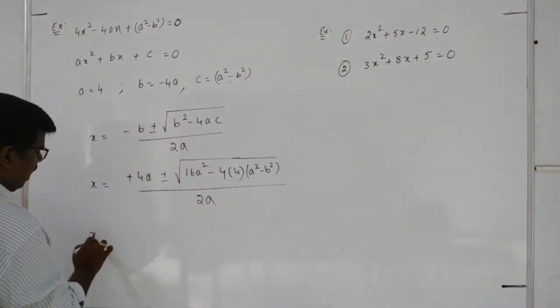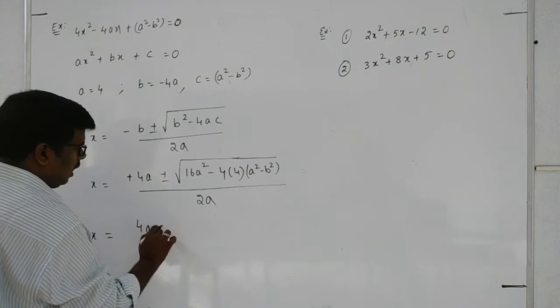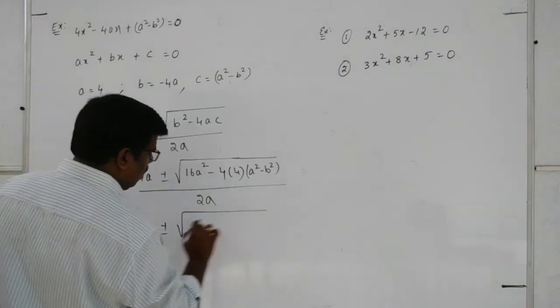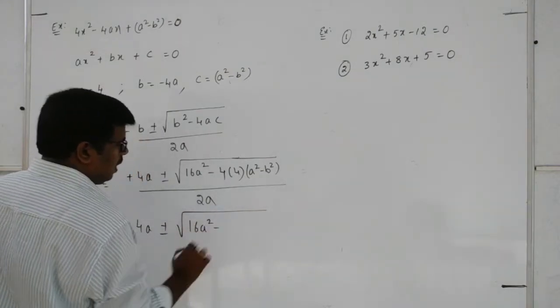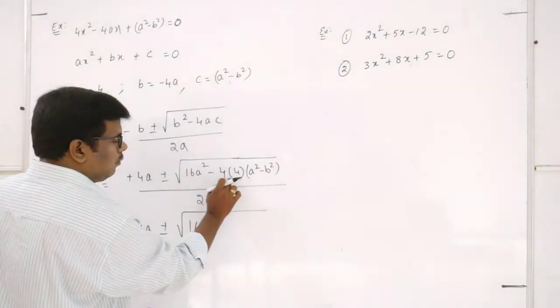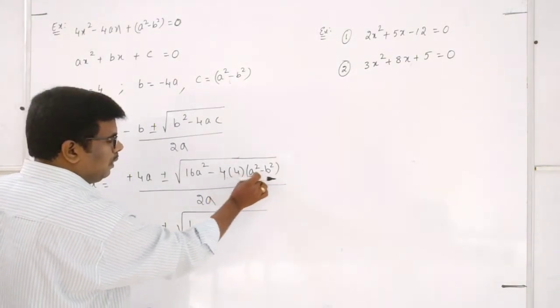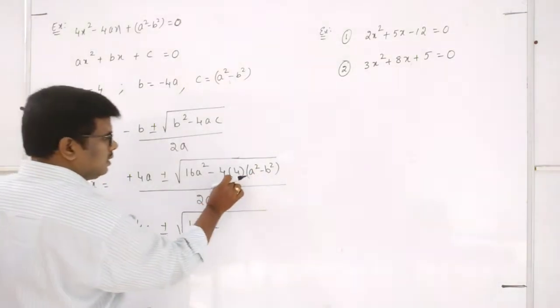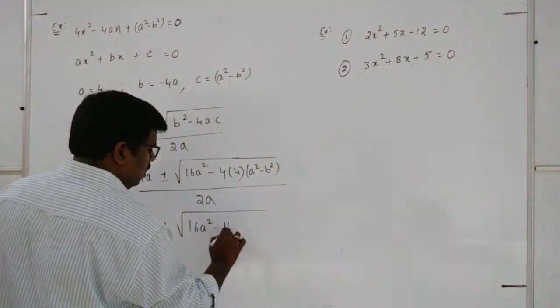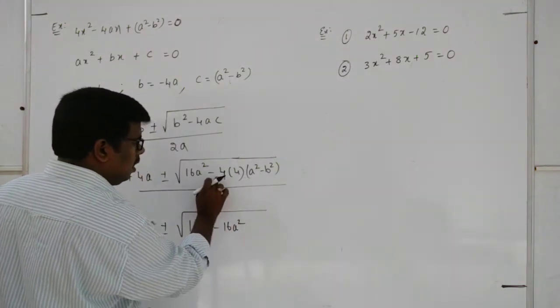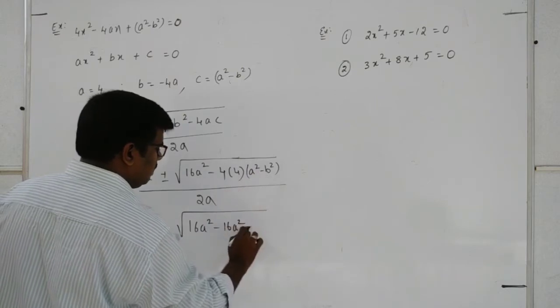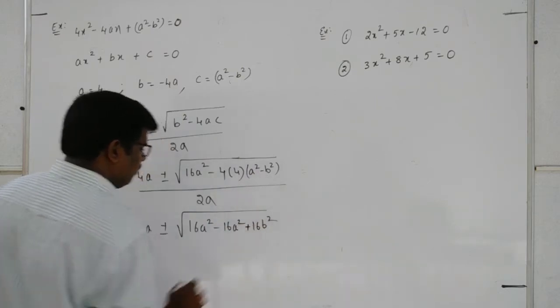Now if you simplify this one, 4a plus or minus under root of 16a square minus 4 times 4 times a square minus b square. If you open the bracket here, 16 into a square, and minus of minus plus 16 into b square.